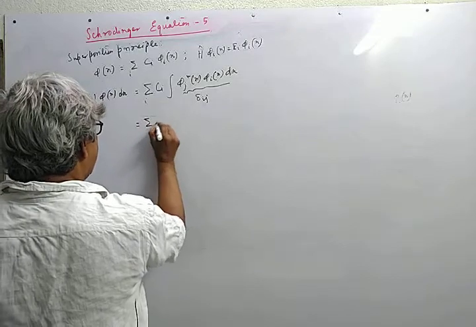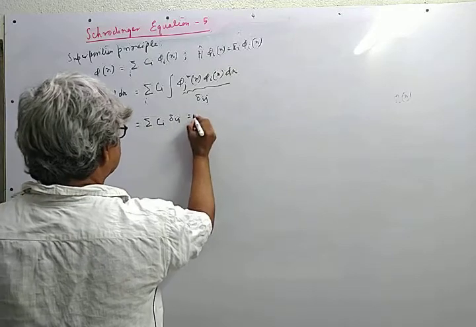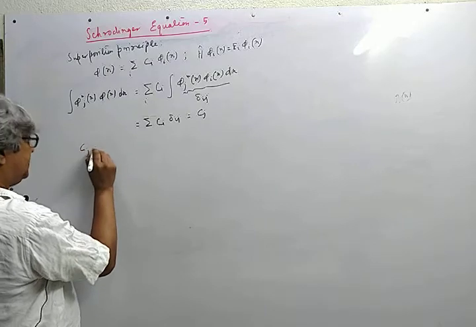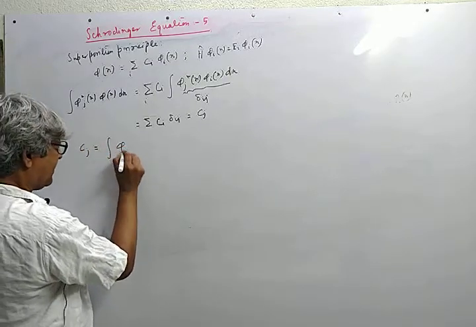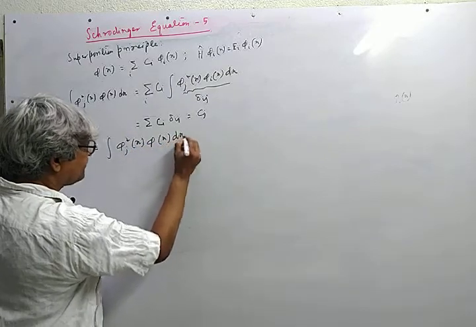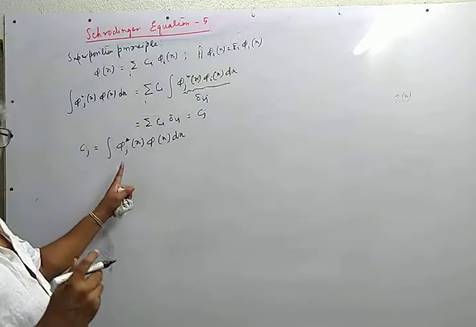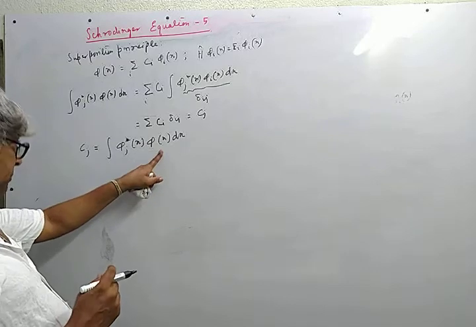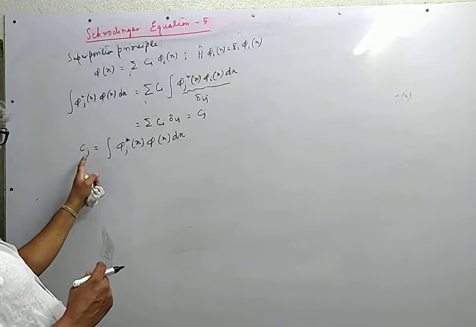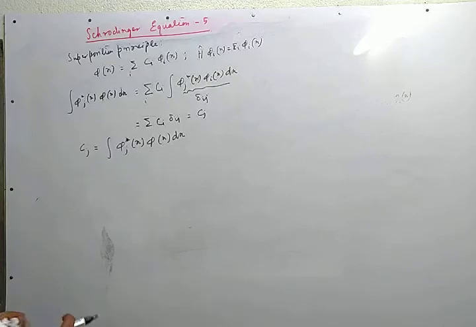So this is summation over Ci delta ij. This is equal to Cj. So which enables us to find out Cj is equal to the integral of phi j star of x times the superposition state. So if we want to find out the jth expansion coefficient, we must multiply the superposition state wave function by the conjugate of the wave function corresponding to j and integrate over all space. We will get the expansion coefficient.